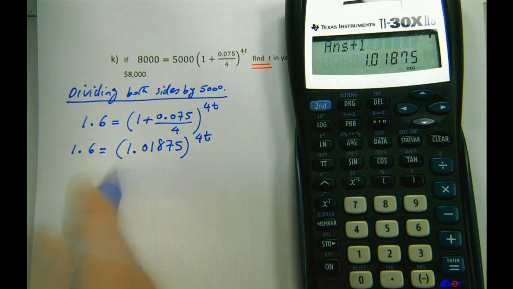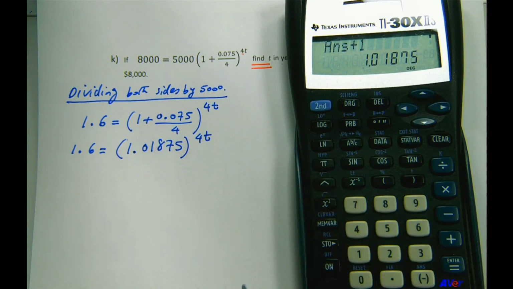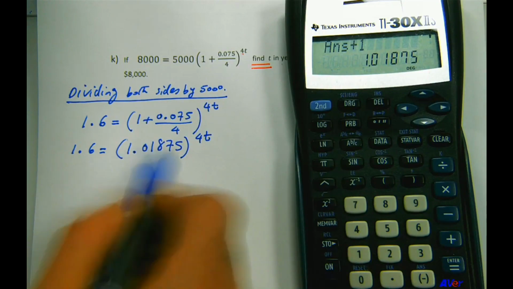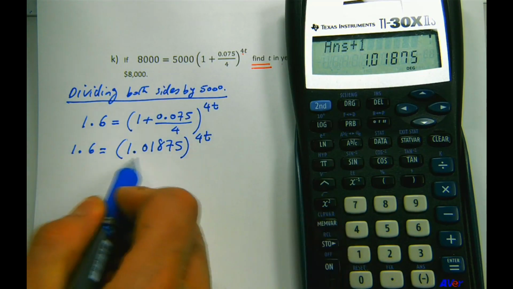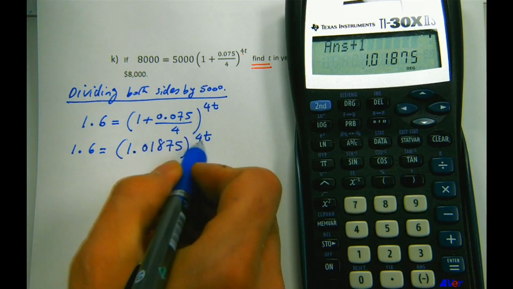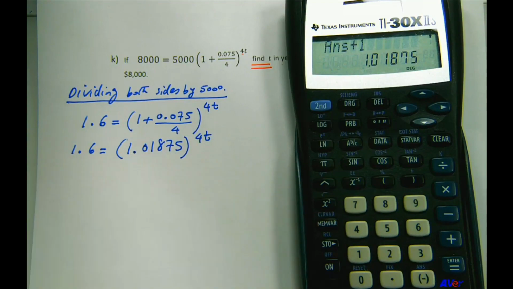Now, imagine if we didn't have these techniques of working with log and natural log functions. We would be stuck, right? Because now I would need a way to get rid of this. I see a lot of people make the error of dividing both sides by 1.01875. That's an error. You cannot, because 4t and 1.01875 are not being multiplied by each other.